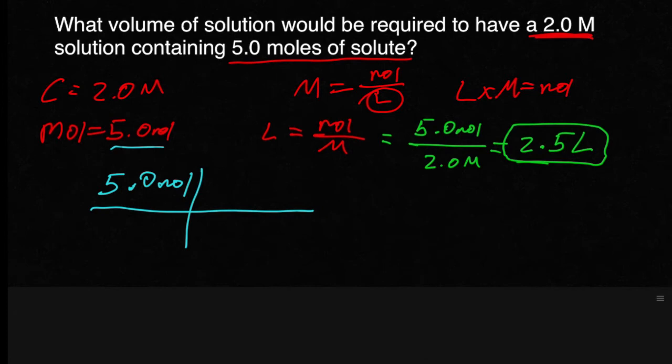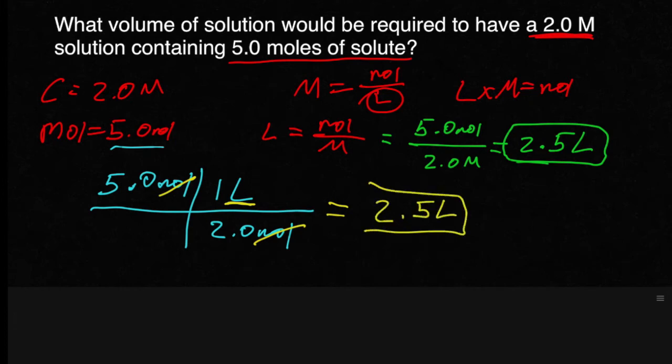In our 2.0 molar solution, that means that for every 1 liter of solution, we have 2.0 moles. Now notice, the moles cancel, and I'm left with liters of solution. So my answer here, 5 moles divided by 2, is still 2.5 liters. And this method comes in handy when we start doing stoichiometry using the concentration of a solution.